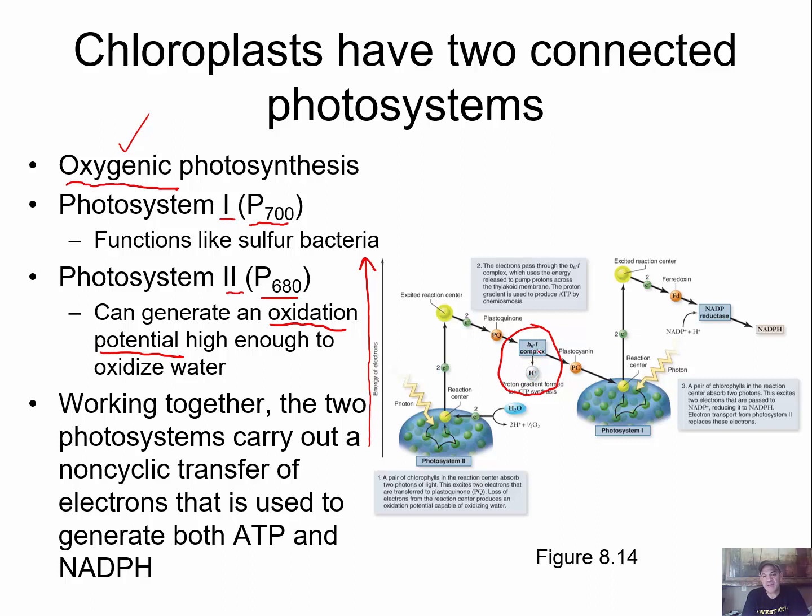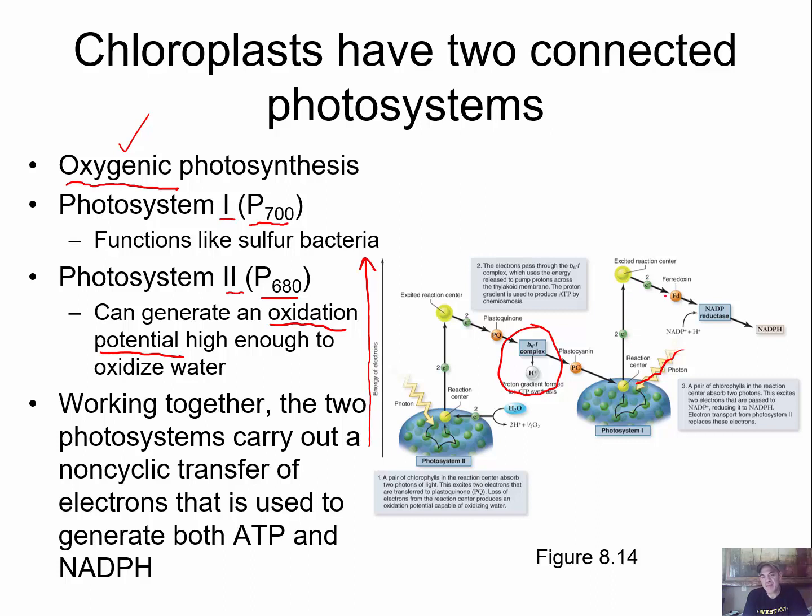So once that is done, the electron doesn't get passed back to our photosystem, and instead comes to another photosystem, and then another photon of light at the right wavelength, in this case 680 nanometers, will excite these electrons.